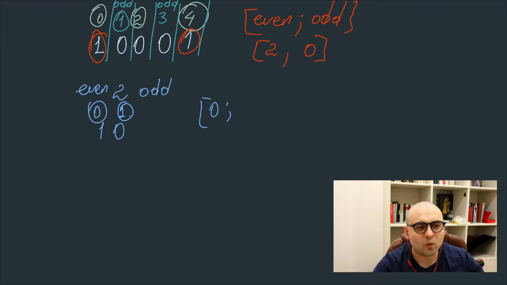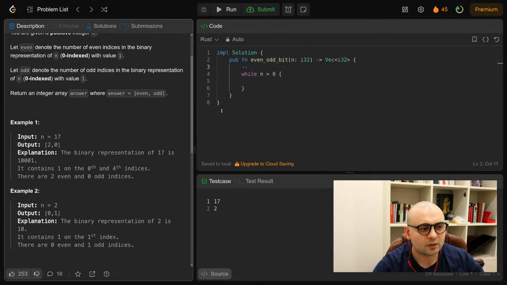But wait a second, why is odd 1 in this case? Because that's not correct. Yeah, so they do count it from 1 then.